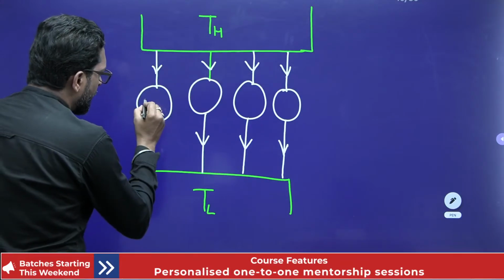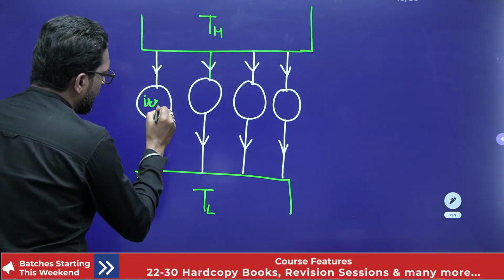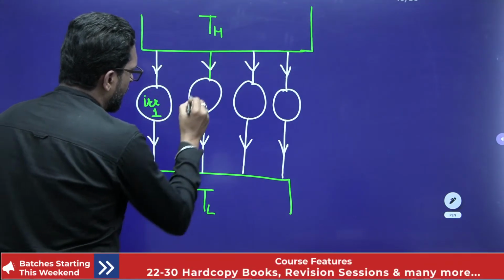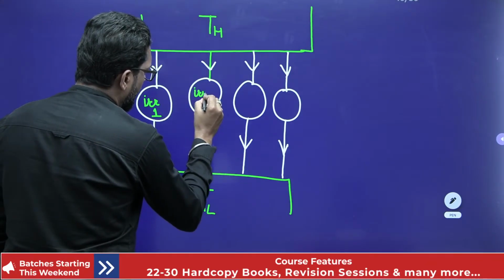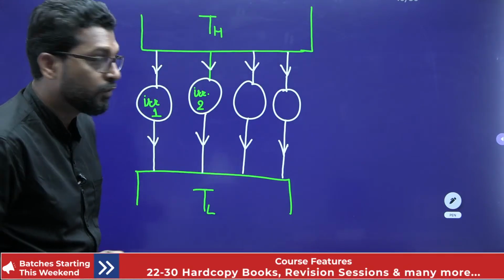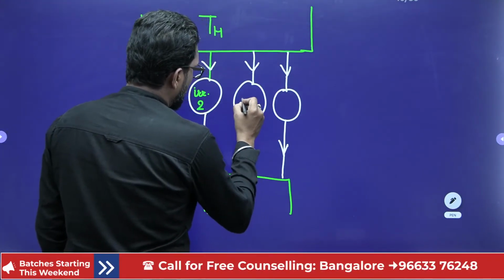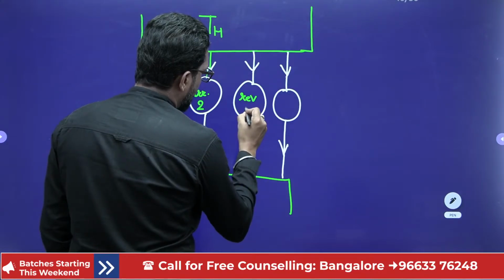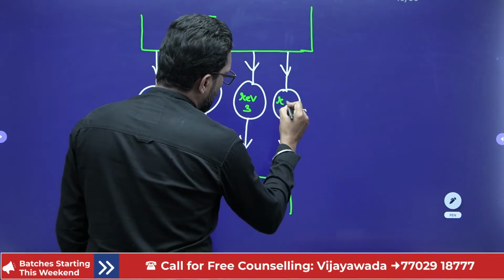Let's suppose this is irreversible cycle 1, this is irreversible cycle 2, this is reversible cycle 3, and this is reversible cycle 4.